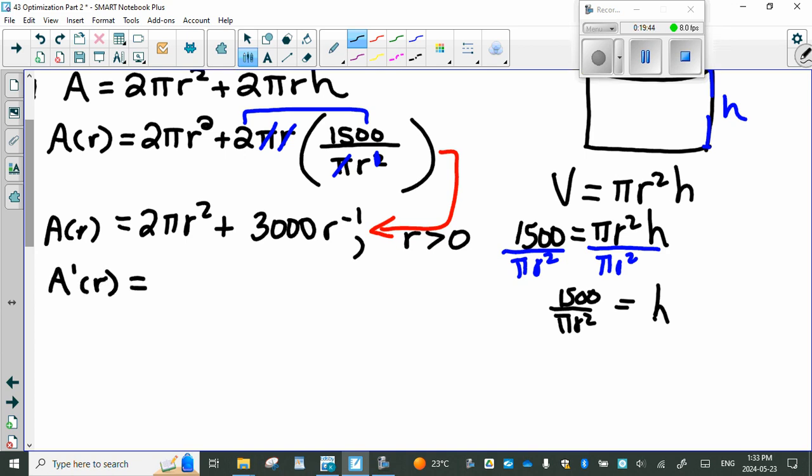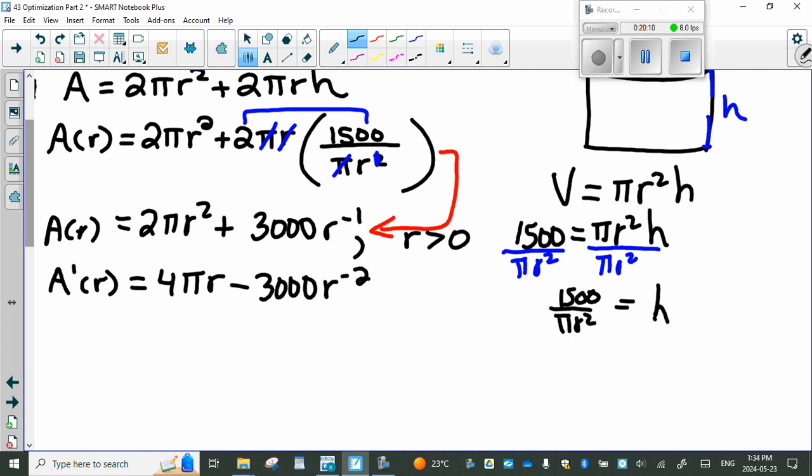We're going to find our critical number or numbers by finding A prime at r and setting it equal to 0, solving for r. Any r values we find will be our critical numbers. So that's going to give us 4 pi r minus 3,000 r to the negative 2.